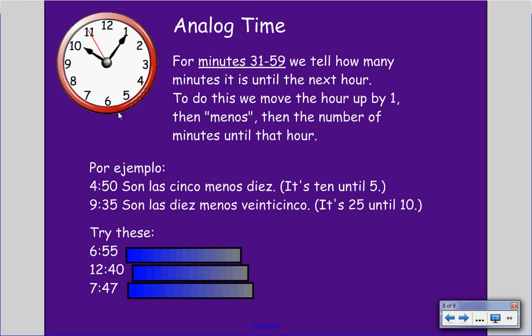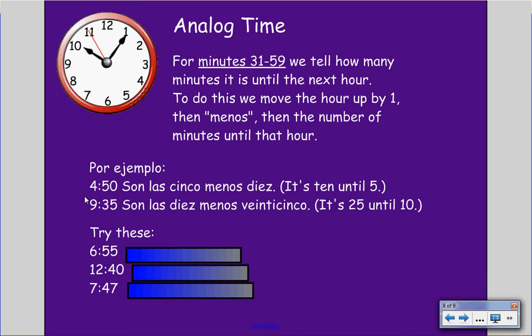So the first thing that we have to do when telling time in analog time, if it's after the 30, then you have to move the hour up by 1. So you would say like son las 10. Then you use menos in place of the E to tell how many minutes it is until that hour.